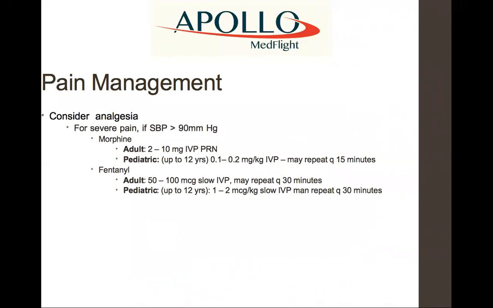Fentanyl does have a lot of use in the trauma world because inherently on its own, it doesn't drop blood pressure, but it does drop blood pressure through pain relief, which we can see typically.